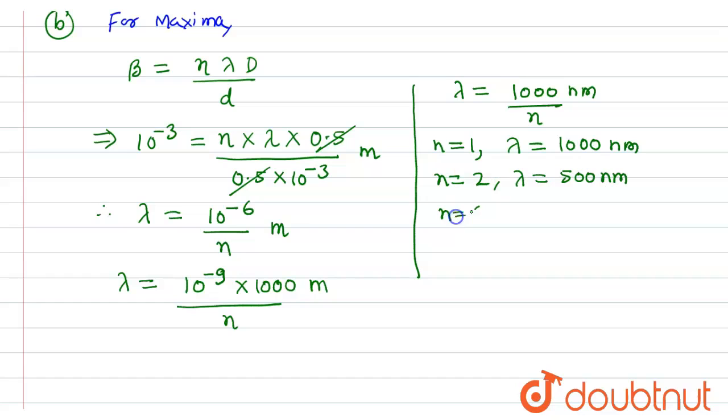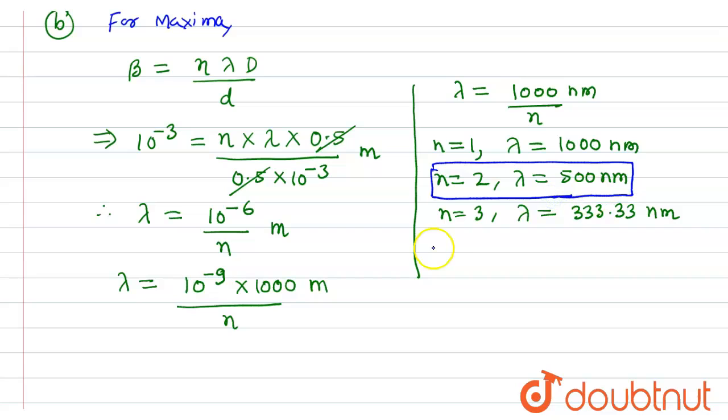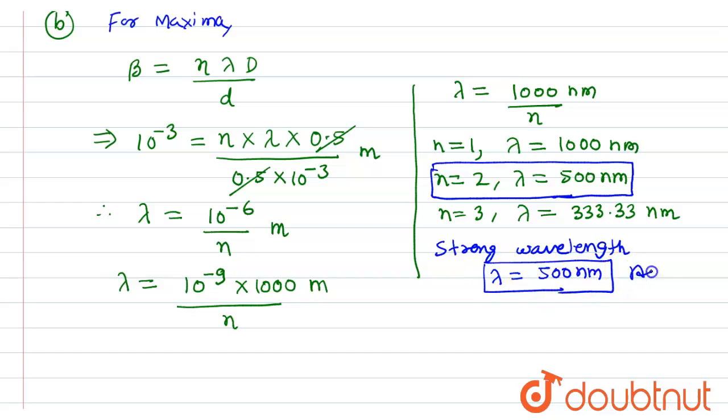If we put n equals 3, lambda will be 333.33 nanometer. So which is the strong wavelength? The strong wavelength which lies in the range will be lambda equals 500 nanometer, which is the second answer of this question.